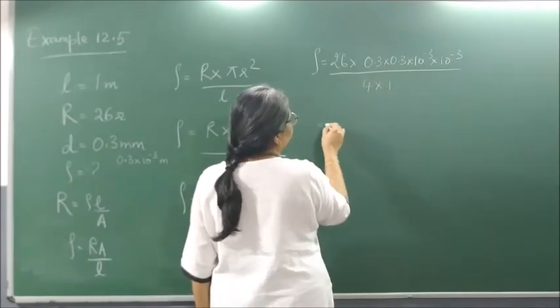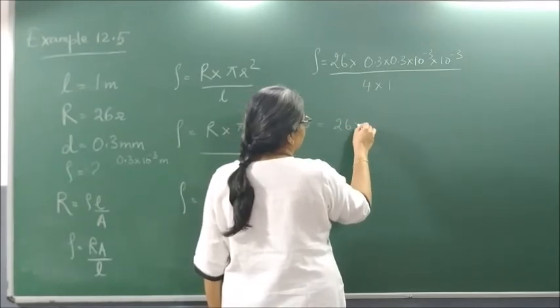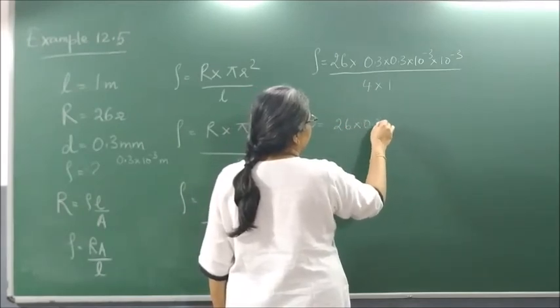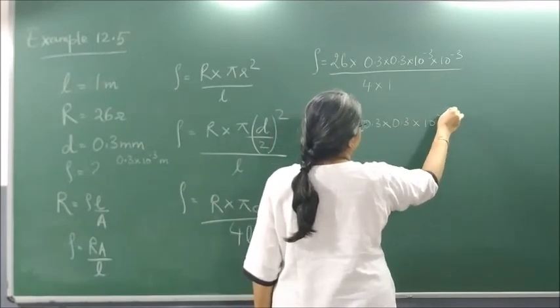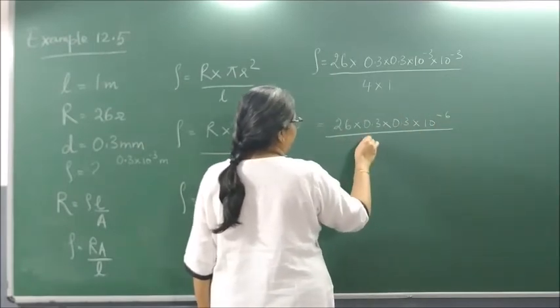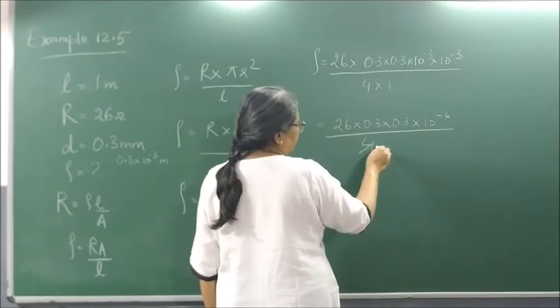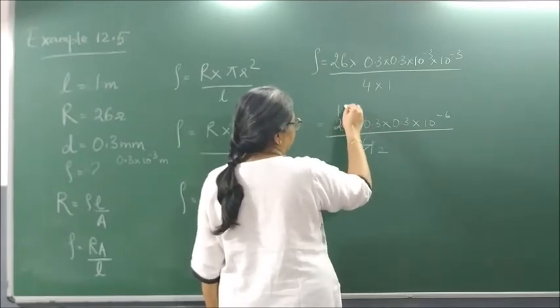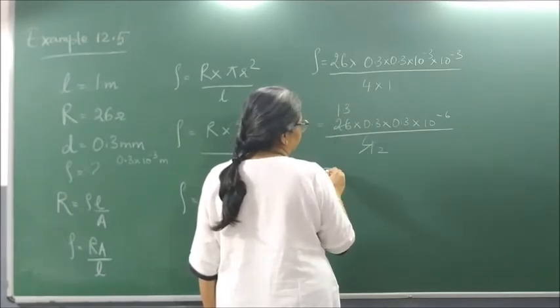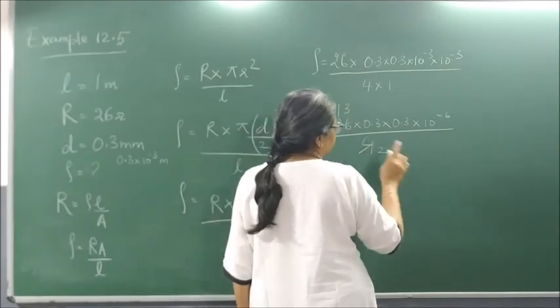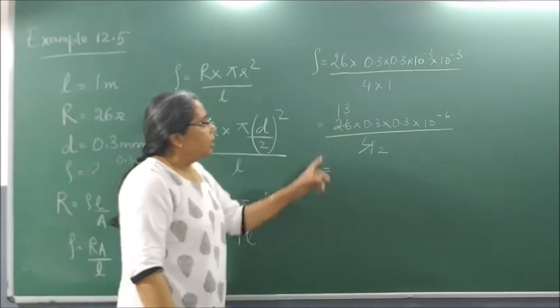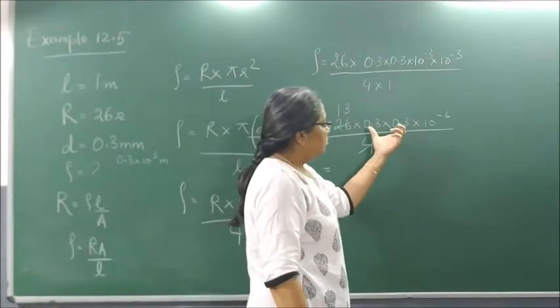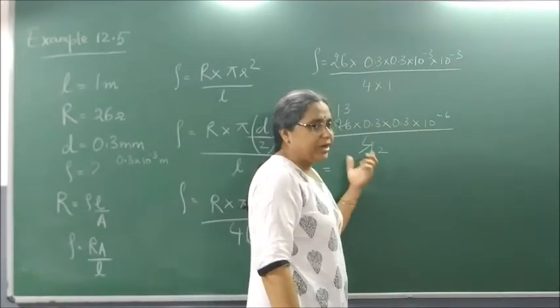So I have 26 into 0.3 into 0.3 into 10 to the power minus 6 by 4. You can multiply and get the answer. Please divide and multiply. 3 3s are 9. So 13 into this into 10 to the power minus 6 divided by 2.